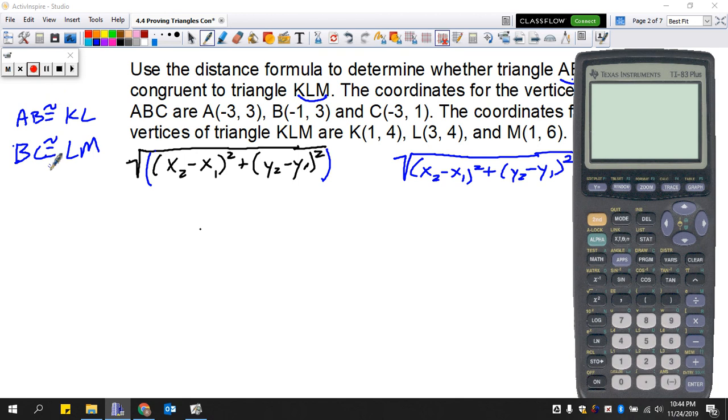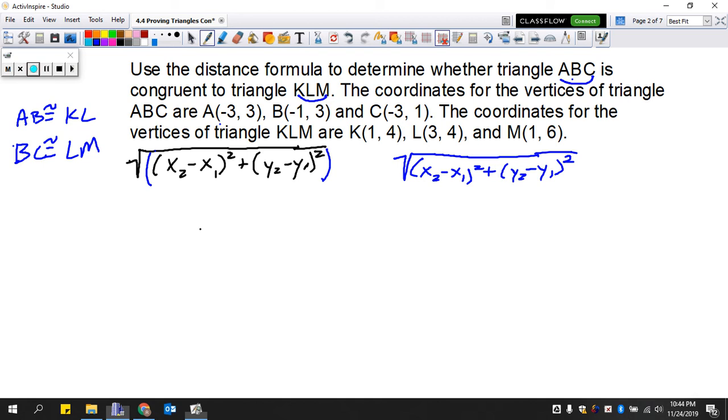All right, so BC and LM are two separate sides. So let's do AC. All right, so AC is negative 3, 3 and negative 3, 1. KM is 1, 4 and 1, 6.